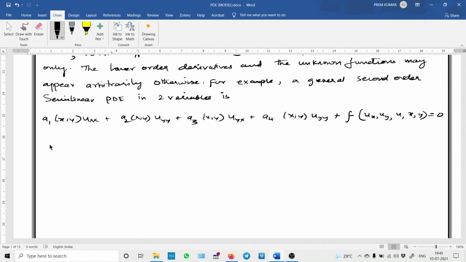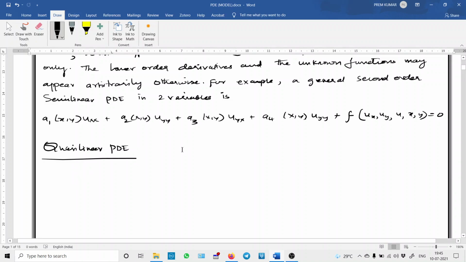And now what is a quasi-linear PDE? What is a quasi-linear partial differential equation? What is the definition? That is the extension of this semi-linear.